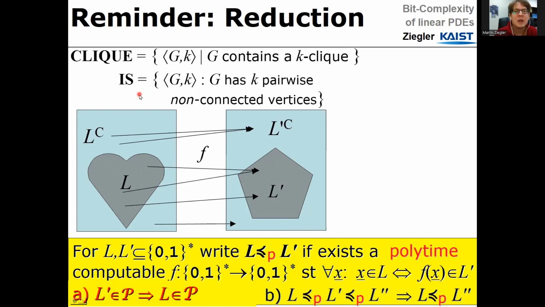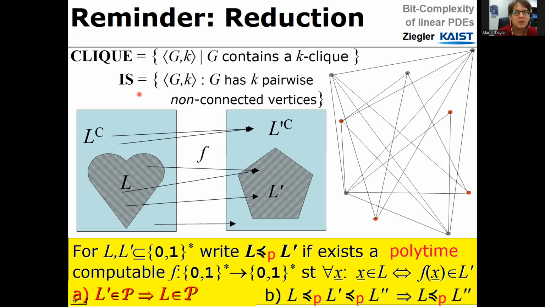Namely, one can see by constructing a polynomial time reduction from clique to independent set and a converse reduction from independent set to clique, it follows that both have the same computational complexity up to polynomial. But let me emphasize a third time, what the computational complexity is of both is not known, whether it's polynomial or exponential or something in between.